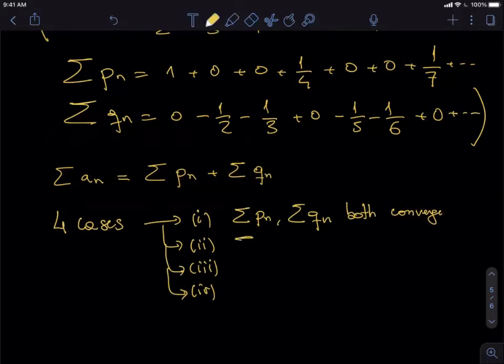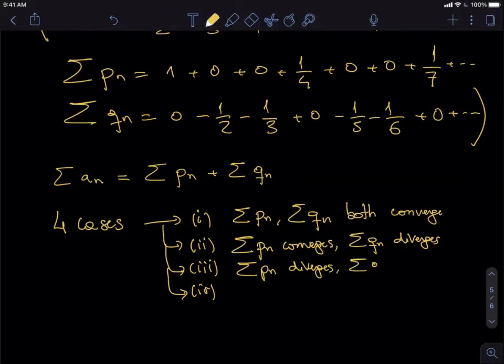The second one is that the sum of the Pn converges and the sum of the Qn diverges. Then the sum of the Pn diverges, the sum of the Qn converges. These two actually are very similar. It's basically the same case.